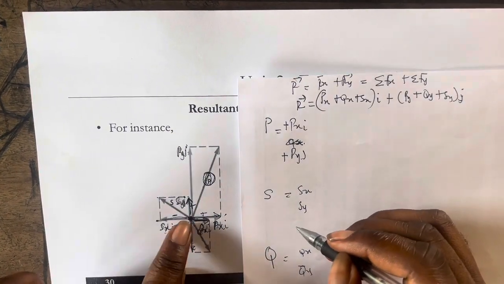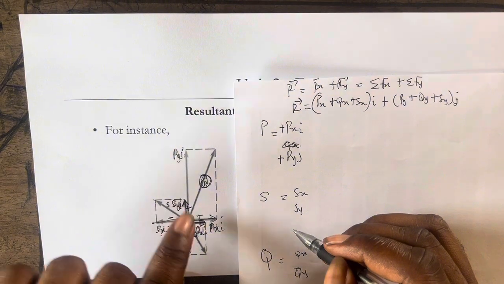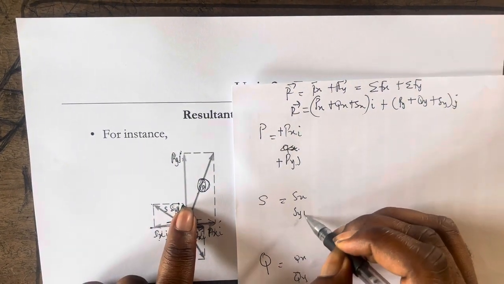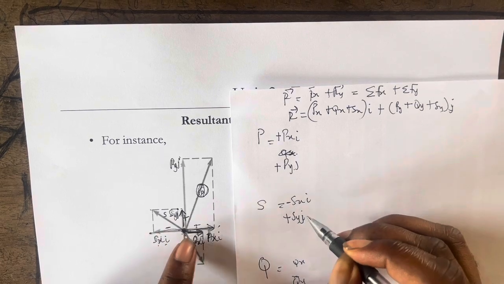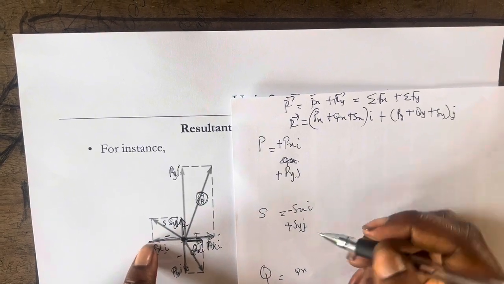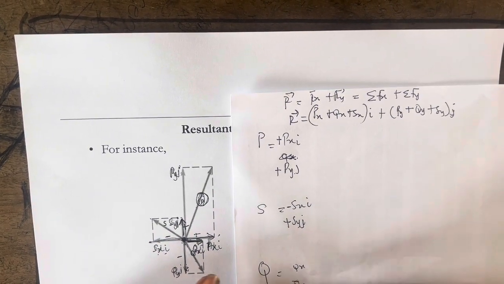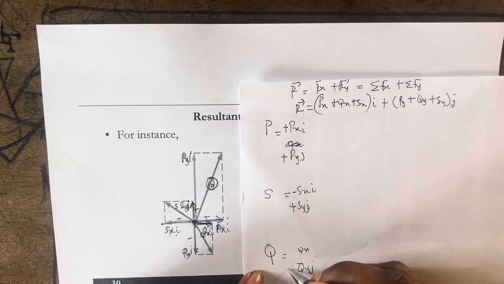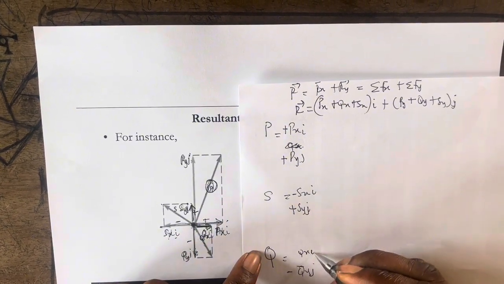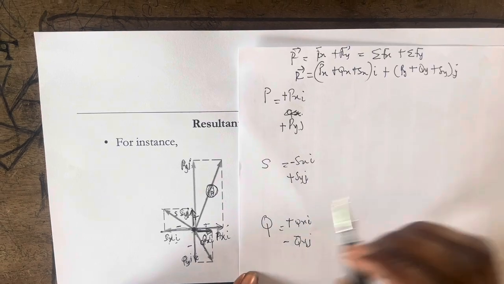For X, Xy j will be positive, but Xx i will be negative, because it's going in the negative plane of the x-axis. And for Q, the Qy j will be negative, but the Qx i will be positive. So it's something you should know.